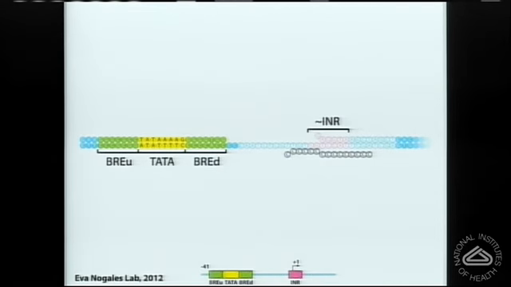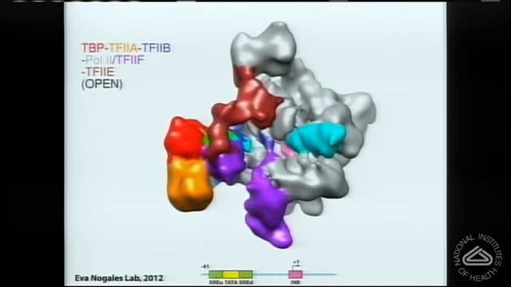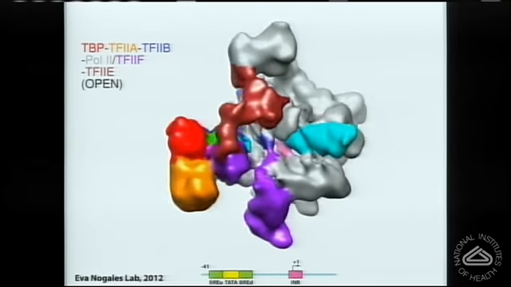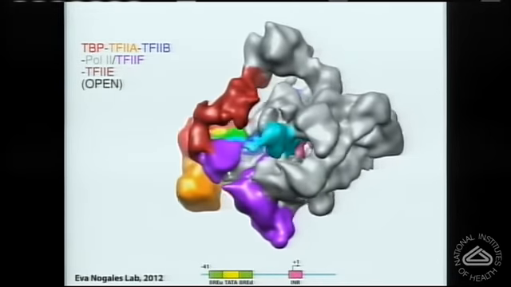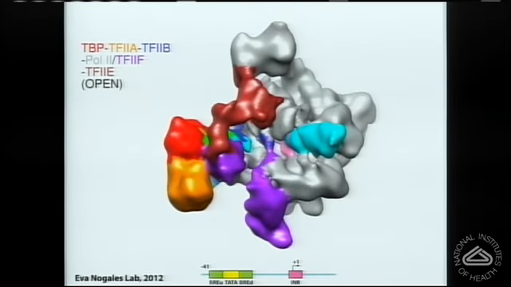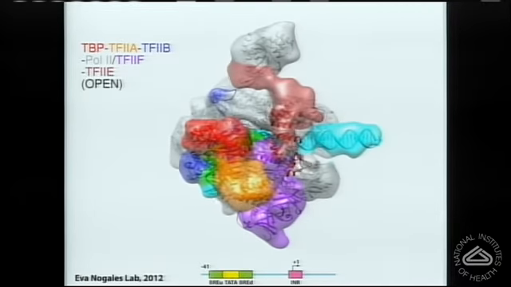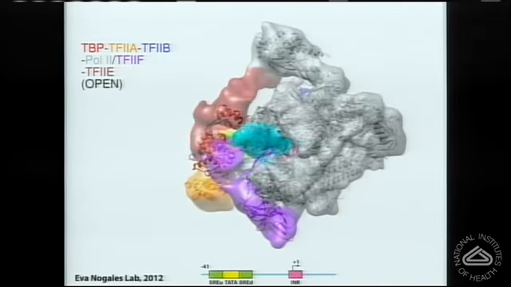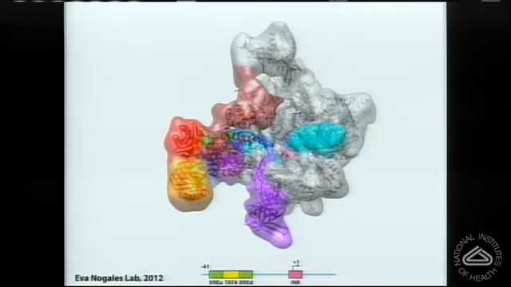Okay, so this worked, and I'm going to show it to you. This is the structure now of this mimic of the open state, where the DNA has very dramatically moved into the active site, but where all of the initiation transcription factors remain attached. I'm going to concentrate on the changes that we see, which are all very telling. Again, I'm going to do one of these comparisons.